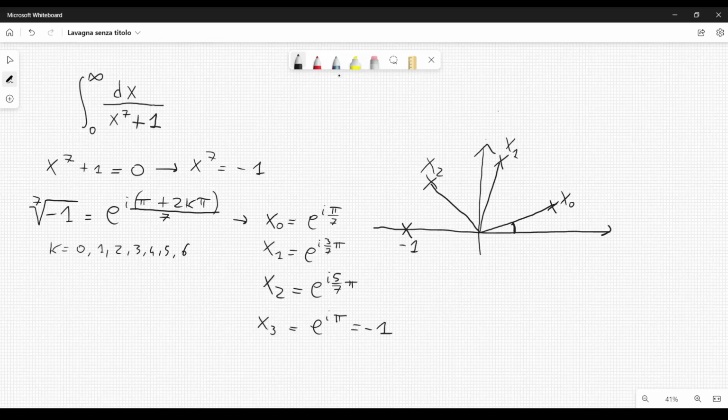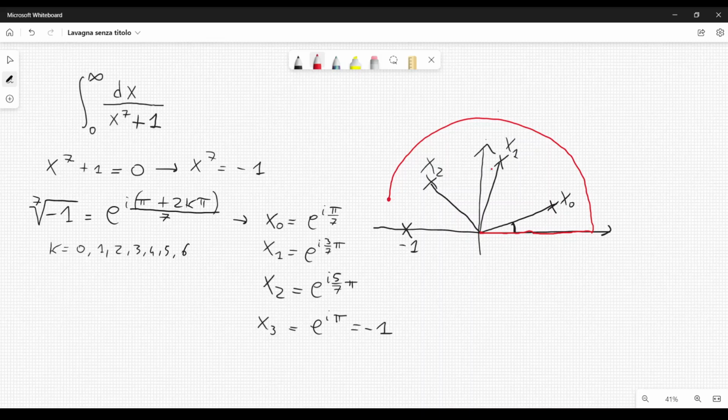And I'm not going to draw the other roots which are in the bottom part of this plane because I don't need them. What I need to do now is to choose a contour. The contour that I will choose goes like this. We start from the origin, then we move on the x-axis like this, and we are going to enclose the first 3 roots like this, but at some point this semicircumference is interrupted.